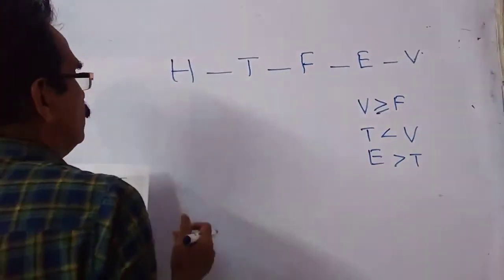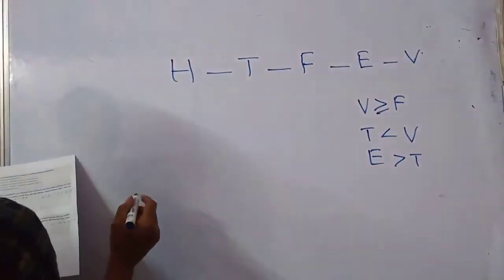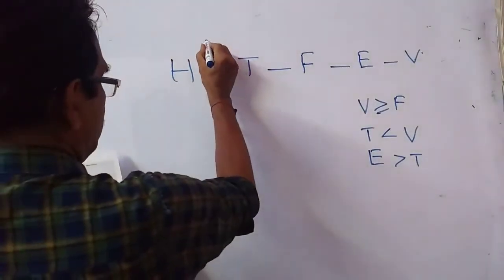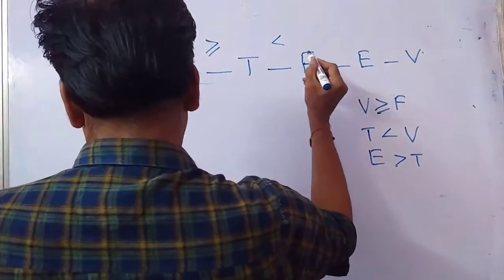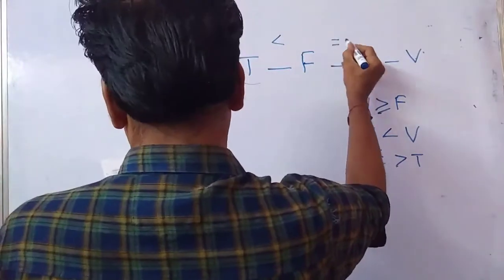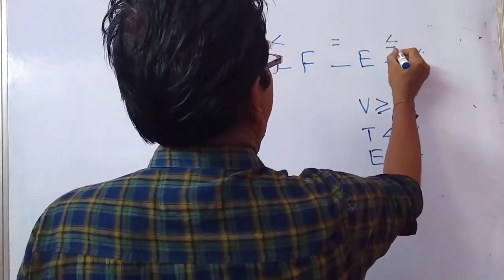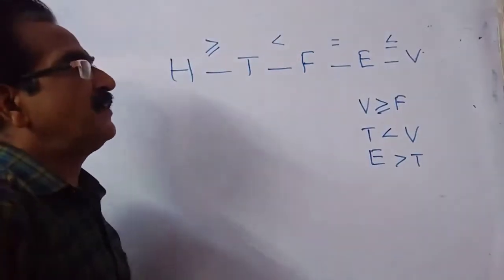Okay, so you have to go one by one option. The first option is this, friends: greater than or equal to, less than, equal to, less than or equal to.